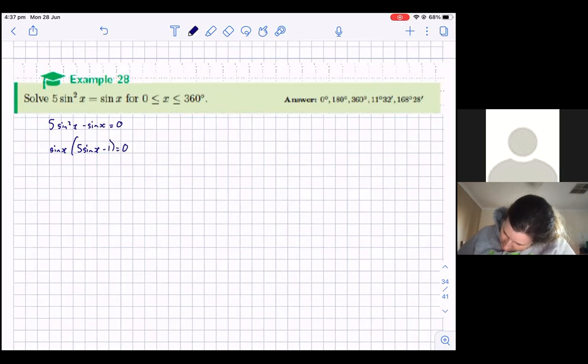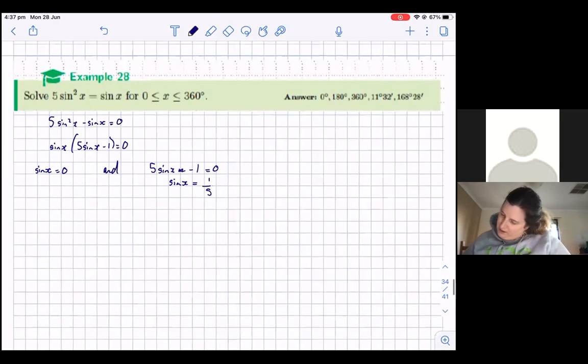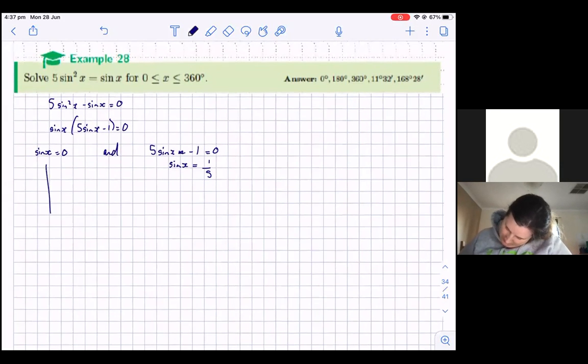So the answers we're going to get is when sine x equals 0 and 5 sine x take 1 equals 0. So sine x equals 1/5. Now there's 3 values that give sine x equals 0: x equals 0, x equals 180, and x equals 360.